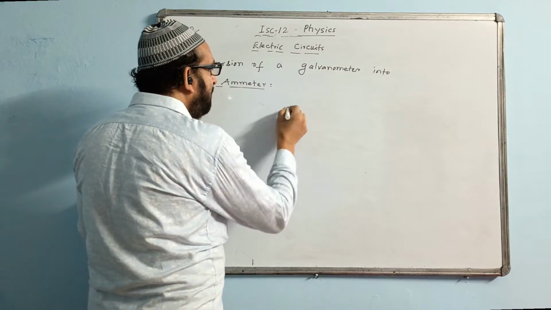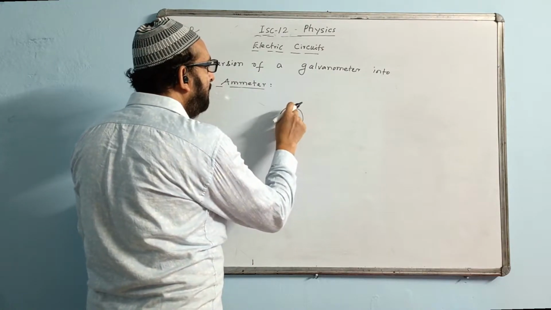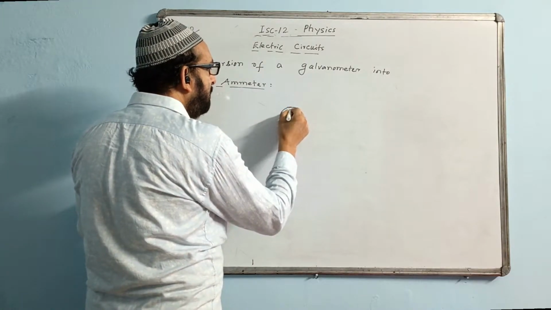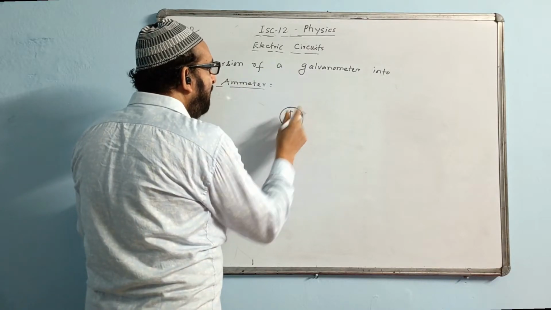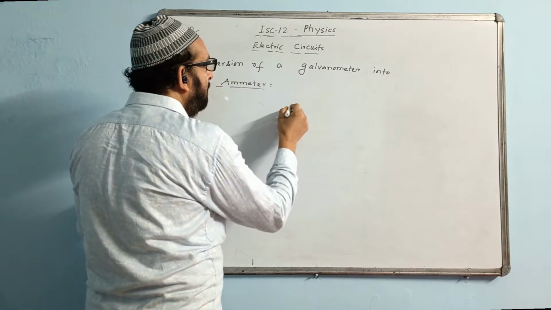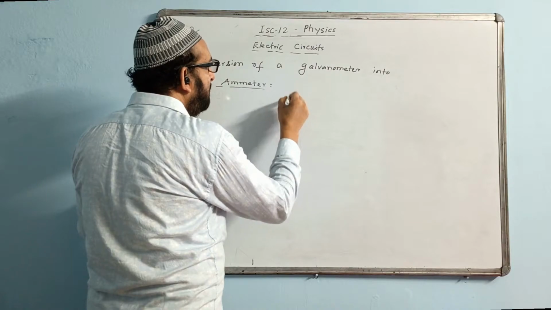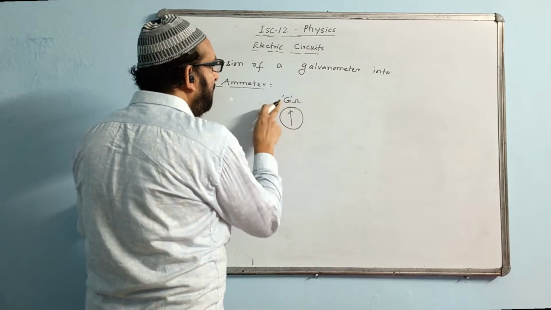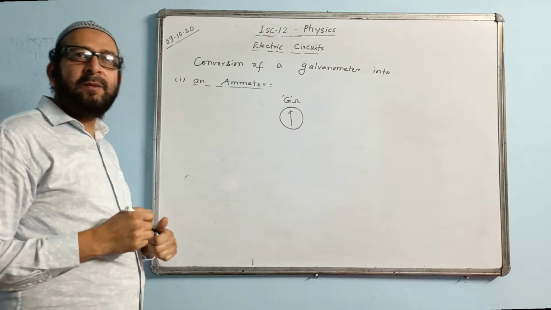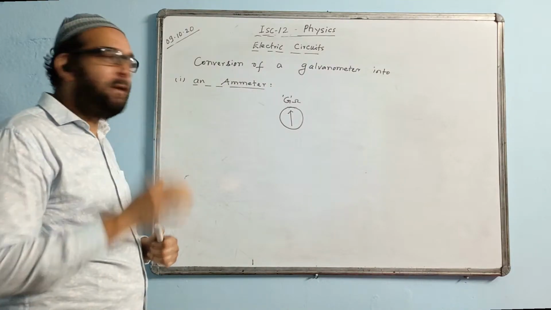Galvanometer you all must have seen, or okay, I think you have not seen because the school is closed. Galvanometer will have a pointer in the center and its resistance I take as G ohm. The value of G is quite low, 5 ohm, 10 ohm, this kind of value, but not very low.